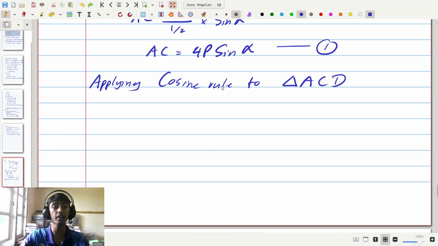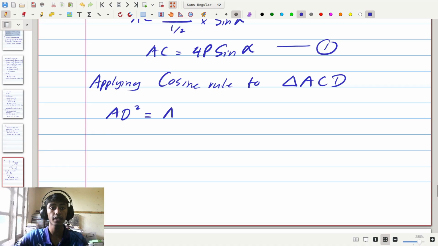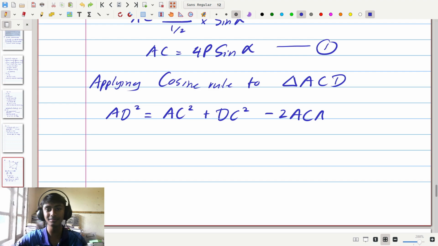So therefore, we can write that AD squared is equal to AC squared plus DC squared minus 2 AC DC, quite funny, AC DC, times the cosine of alpha.